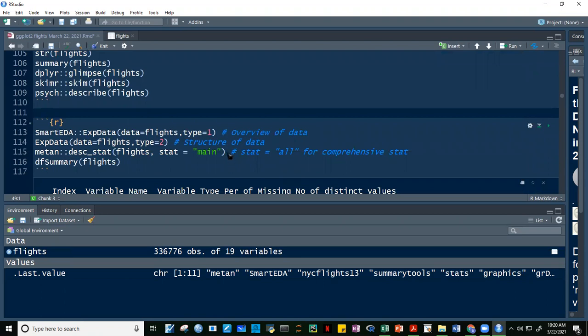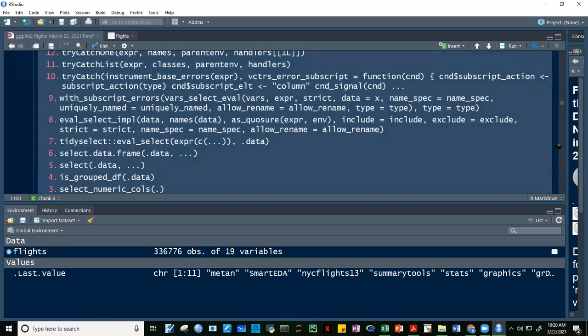Okay, so let's run this. Itong descriptive statistics, data flights, stat is equal to main. Then if we replace this with all, it will give us more than 30, I think, 30 descriptive statistics.